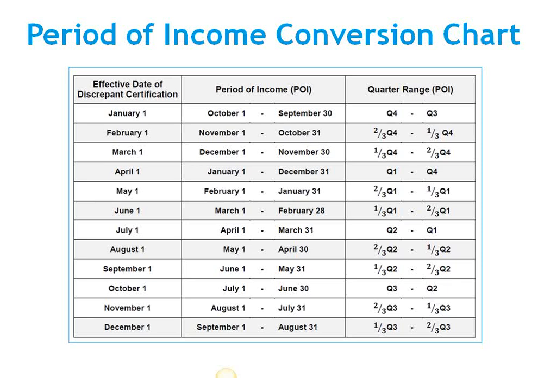What would you do to the monthly amount to get a quarterly amount? If you knew somebody made $500 a month in Social Security, what would they make in a given quarter for Social Security? Just multiply it by 3. Right, 3 months in a quarter, right?